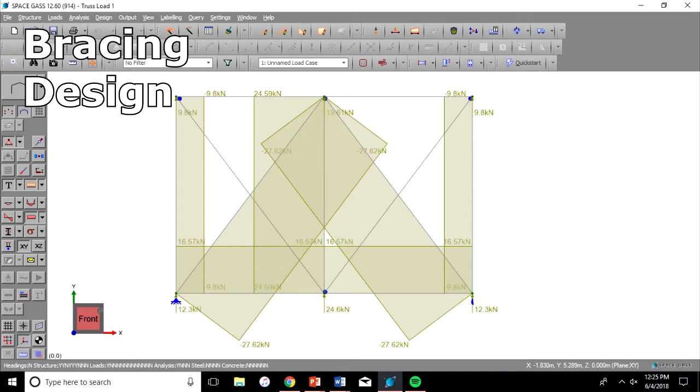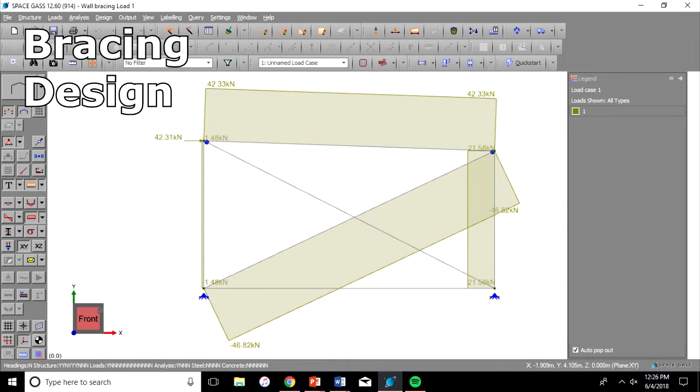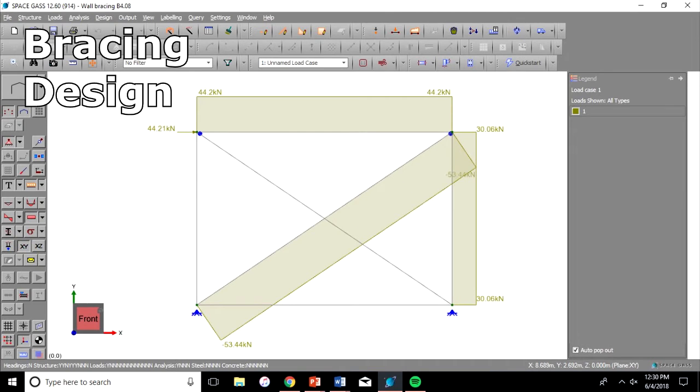Strut design could be 168.3 by 4.8 circular hollow section at 34.7 kilonewtons maximum force, or a 75 by 75 by 2 square hollow section at 23.7 kilonewtons.